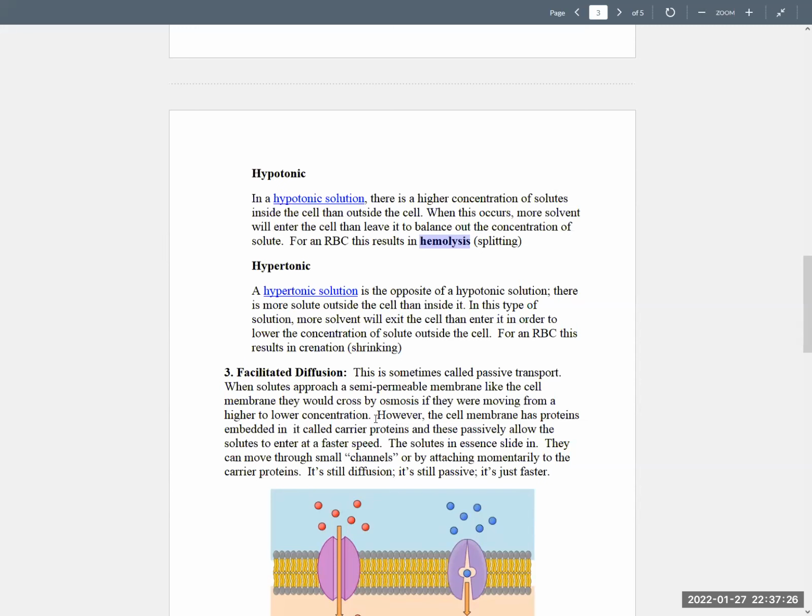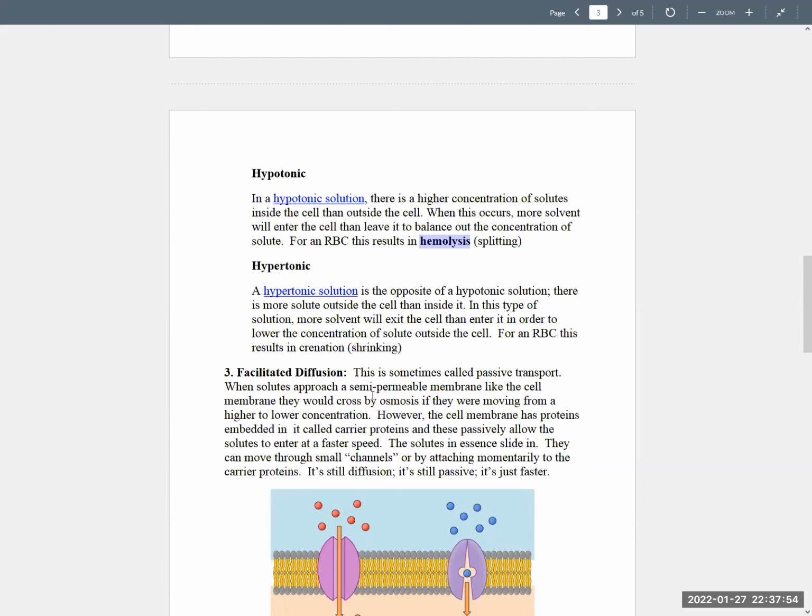When a solid approaches a semi-permeable membrane, like the cell membrane, the plasmalemma, they would try to cross by regular osmosis. However, the cell has embedded proteins in the plasmalemma that act like a slippery slide.